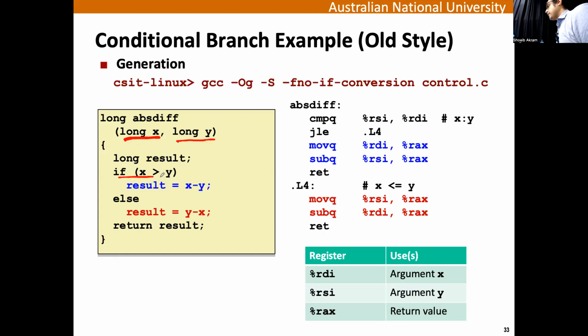If x is greater than y, we return x minus y, otherwise we return y minus x. So you remember this template from 2300? Comparison, what is this doing? Where is it going? If or else.